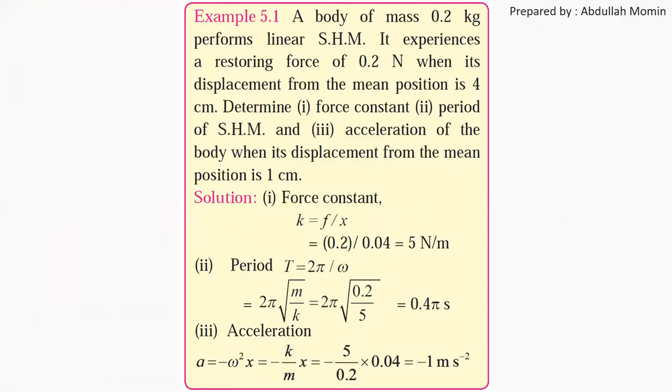So the very first numerical which is given in your textbook is: a body of mass 0.2 kg performs linear SHM.